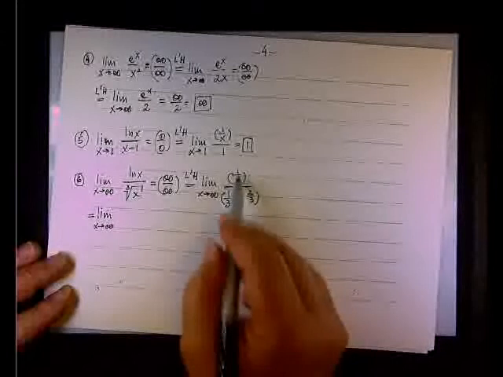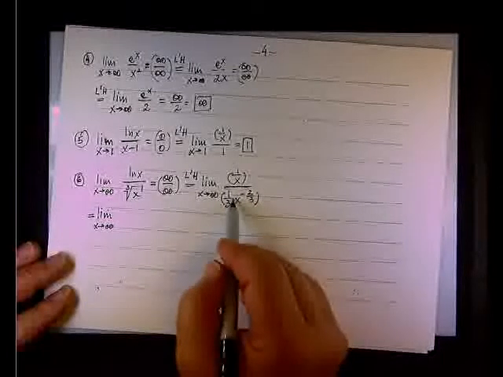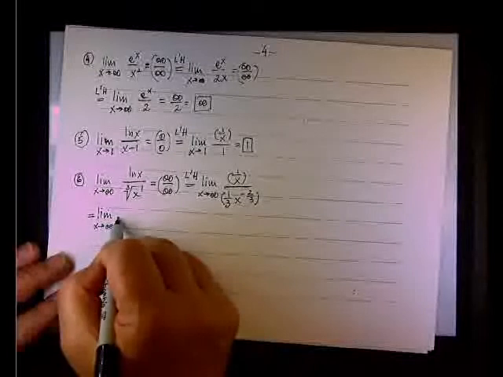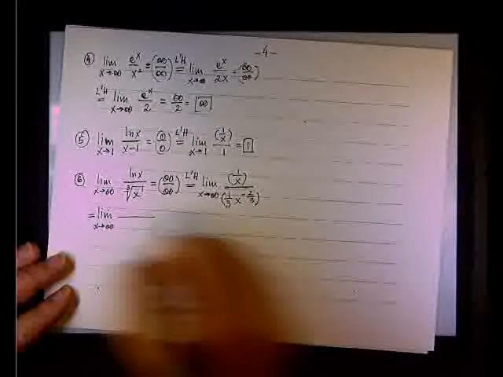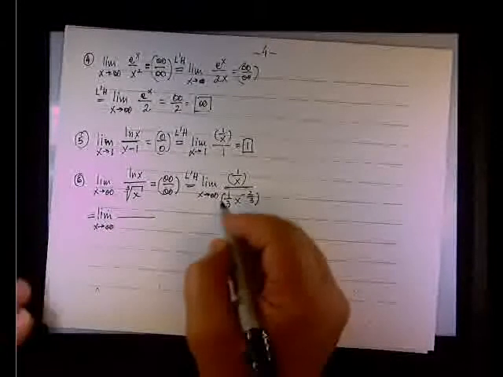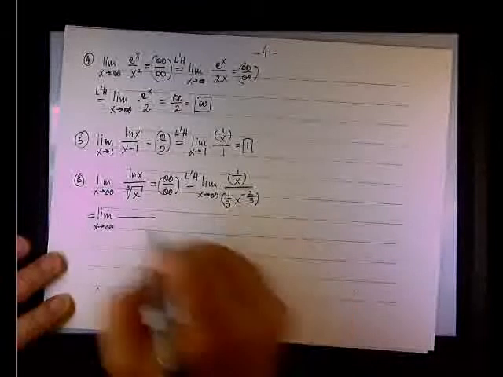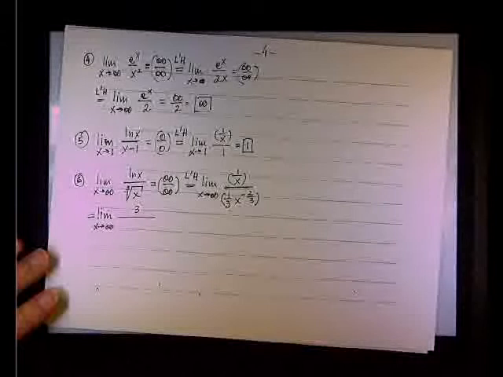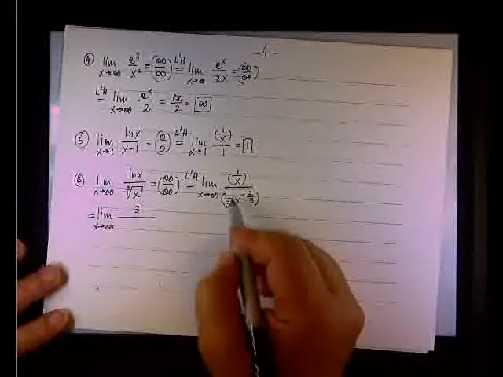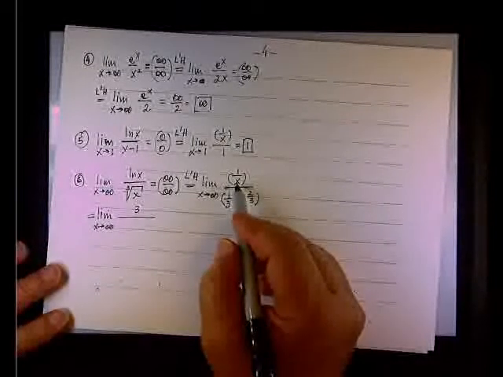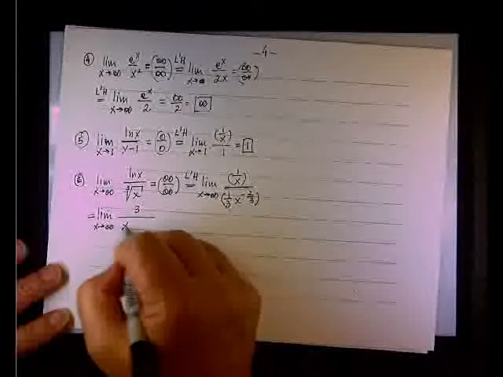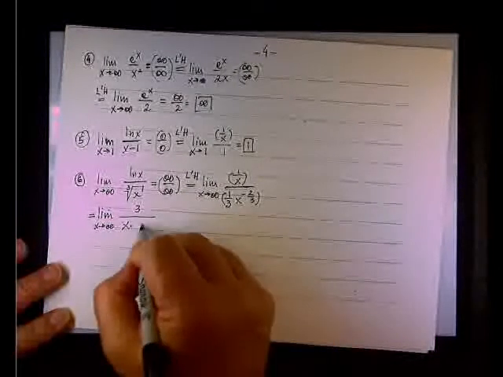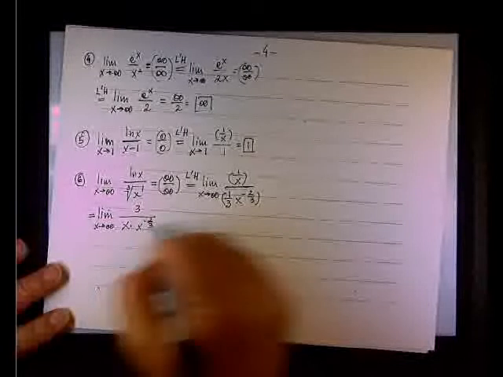So 1 over x, x will drop to the denominator, but we have 1/3 in the denominator. Instead of dividing by a fraction, you multiply by the reciprocal, so you multiply by 3, and 3 migrates to the numerator. The x from 1 over x will migrate to the denominator, and you'll end up having 3 divided by x times x to the negative 2/3.